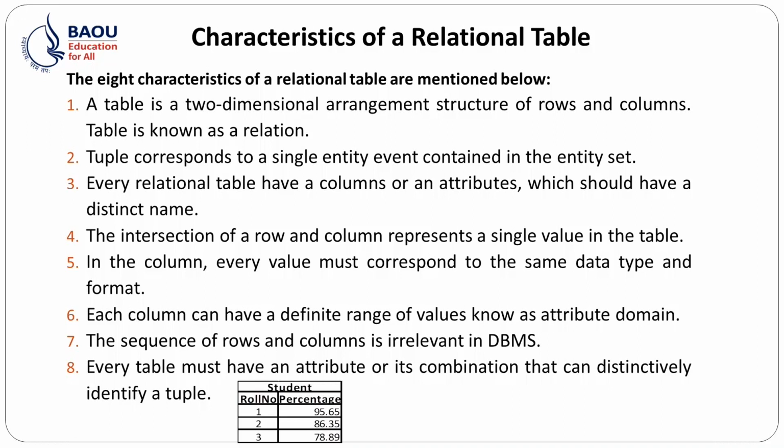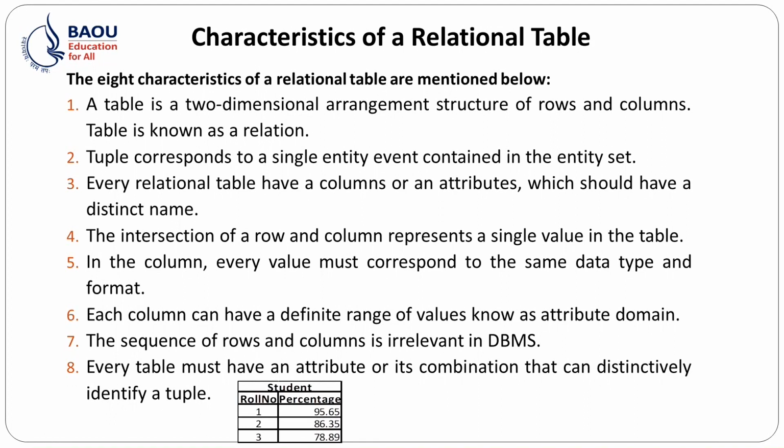The last one is every table must have an attribute or its combination that can distinctively identify a tuple. It means the column or the combination of columns in the table is used to uniquely identify the rows or tuples. Simply, it is called the key attribute or the key columns.